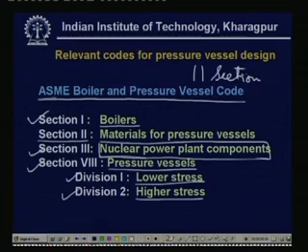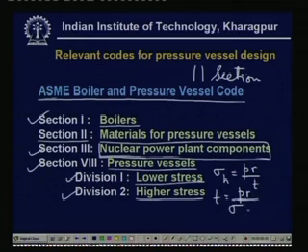Just to give you an example, sigma H, the hoop stress, is PR by T. So, if you want to design, then T is PR divided by sigma allowable, and again we will have to divide by the efficiency in order to get T.